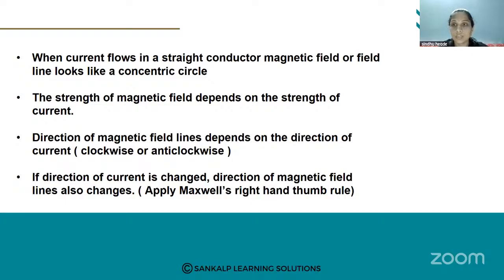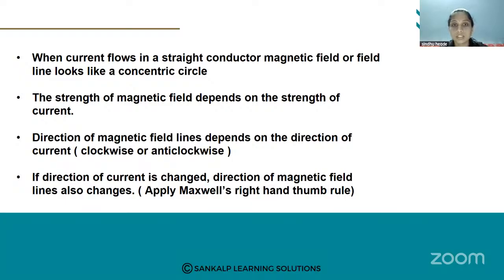This is the first most important point. Second, the strength of the magnetic field depends upon the strength of the current. When the current increases in the circuit, the magnetic field strength also increases.